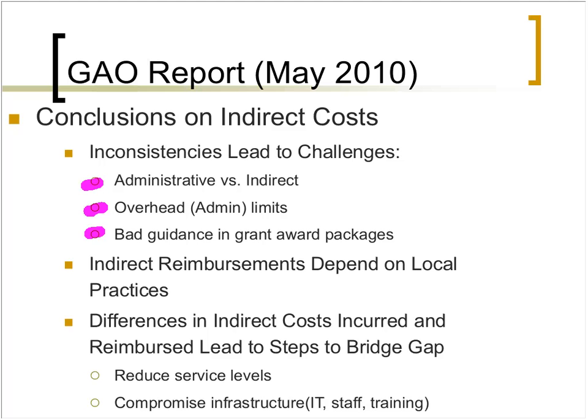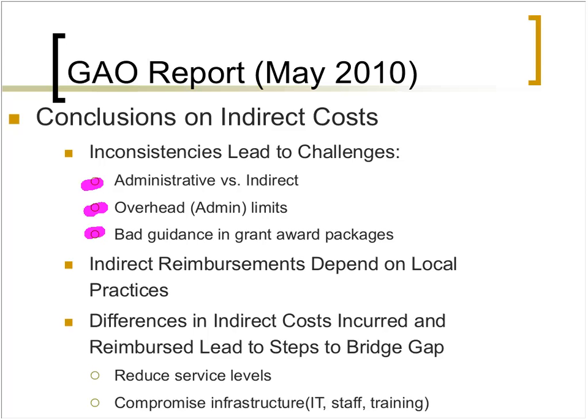Another finding is that people were given bad guidance in grant award packages, so the people who were monitoring the programs didn't even have a good understanding of what indirect or cost allocation was. They also found that many localities had different practices based on reimbursements of indirect, even though there should only be one federal standard.